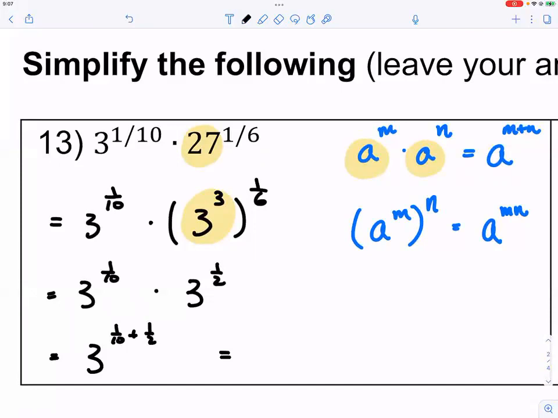You should be able to do this fraction addition. Okay, what's 1/10 plus 1/2?